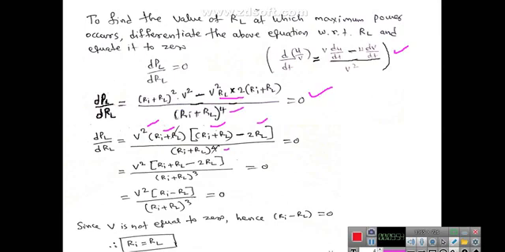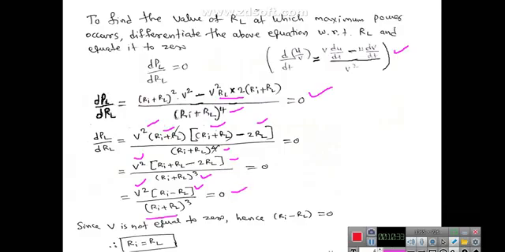Now one term in the numerator and the denominator gets cancelled. You are left with V square into (Ri plus RL minus 2RL) divided by (Ri plus RL) whole cube. Further simplifying, V square (Ri minus RL) divided by (Ri plus RL) whole cube is equal to 0.